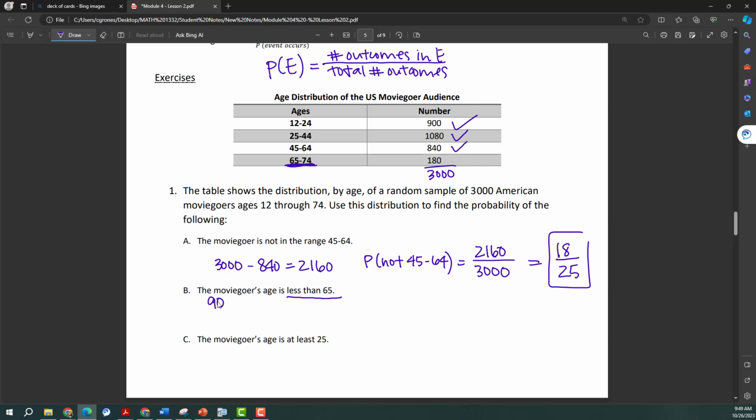So let me show you. 900 plus 1080 plus 840 is the same as 3,000 minus 180. So if it confuses you and you want to add them up, you can, but if you want to go the shorter route, you can subtract.